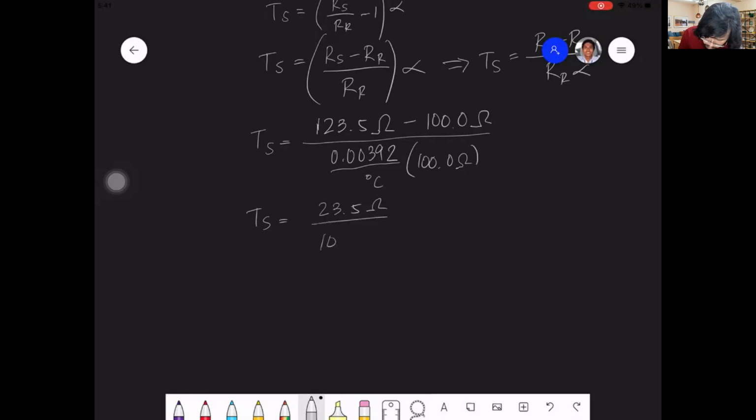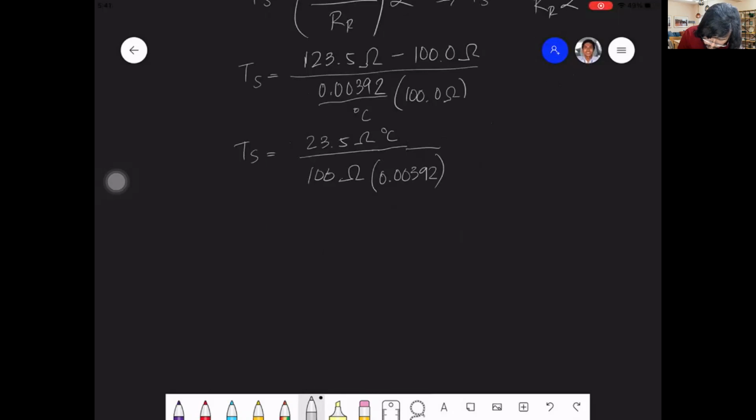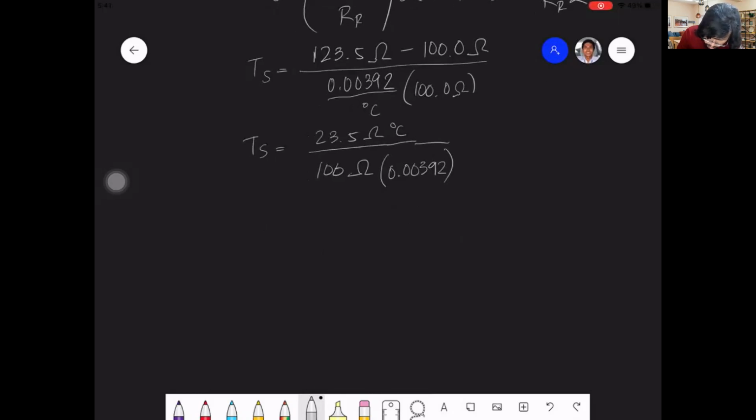over 100 ohms, and we can move the degree Celsius so that this is simply just a number. All right, so we cancel this. The ohms will cancel, so that eventually we just get the unit of degrees Celsius.